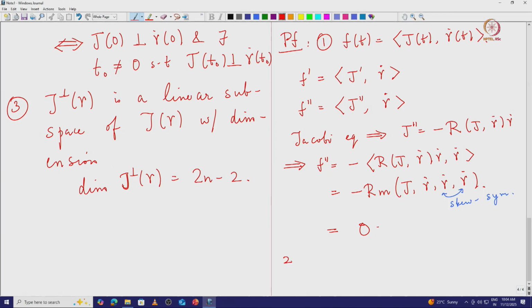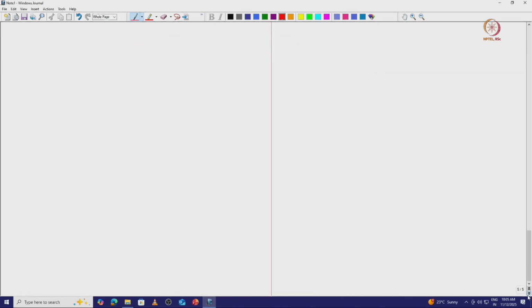For the second part, by the first part f of t is some at plus b. Then J is a normal vector field if and only if both a and b are 0.